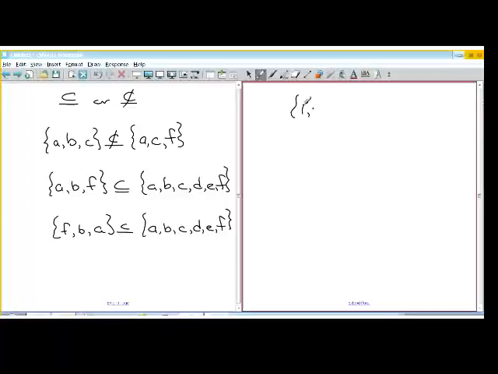And you might have something where you have a description like this, and then there's a space in between, and on the right-hand side, instead of having a set, you may have it in set builder notation. So you might have something like that.